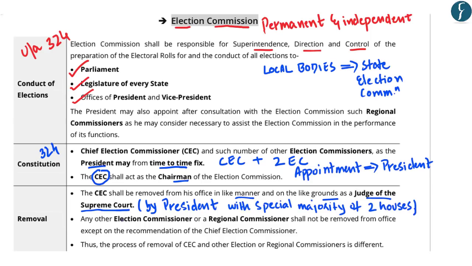But please remember that other election commissioners can be removed from their office on the basis of recommendations of the Chief Election Commissioner. Therefore, the process of removal of the Chief Election Commissioner as well as the other election commissioners is very different.